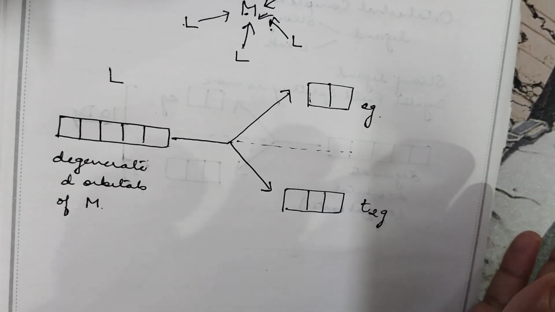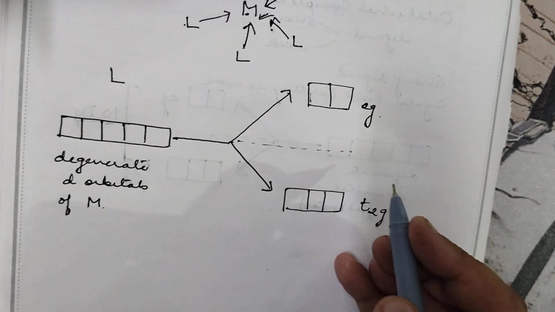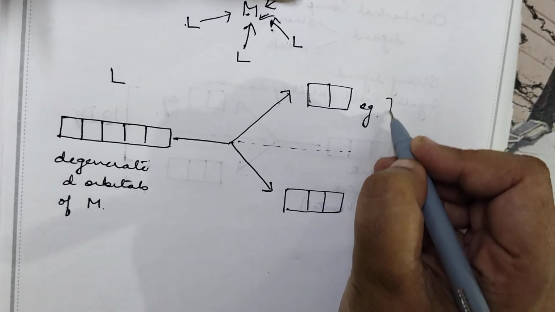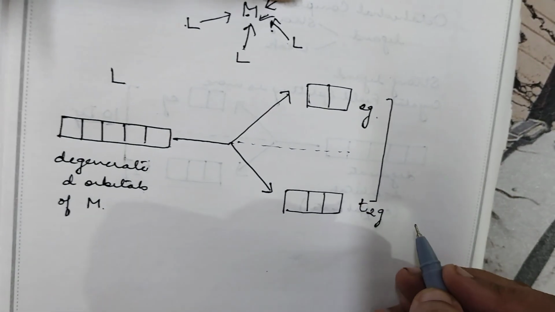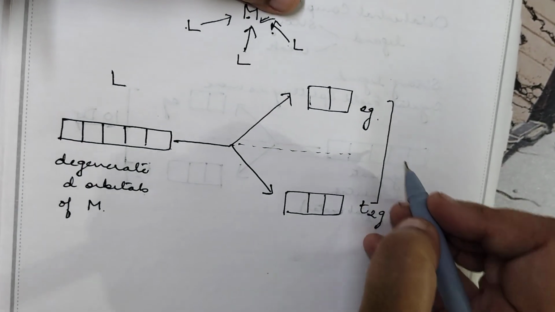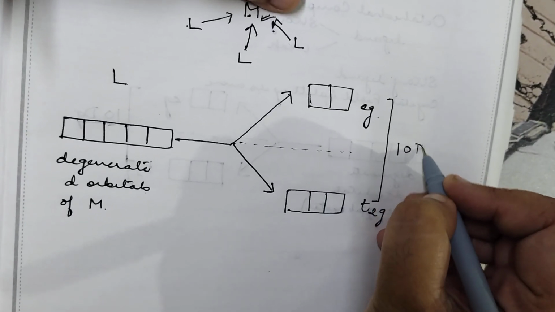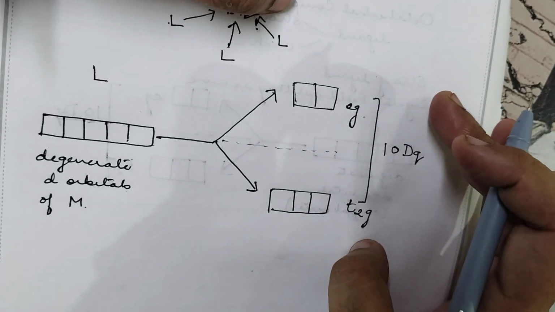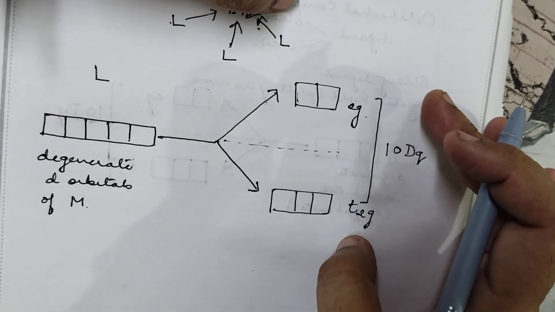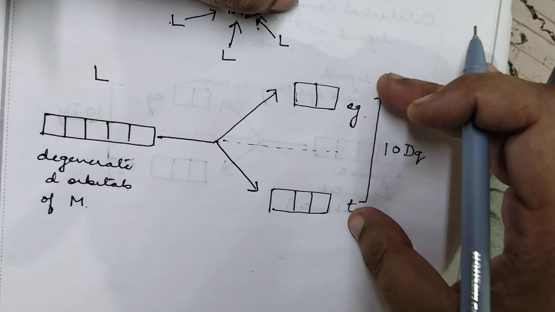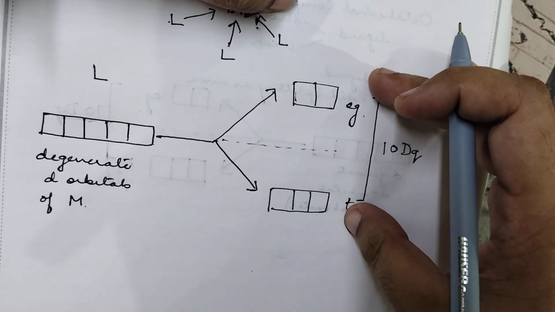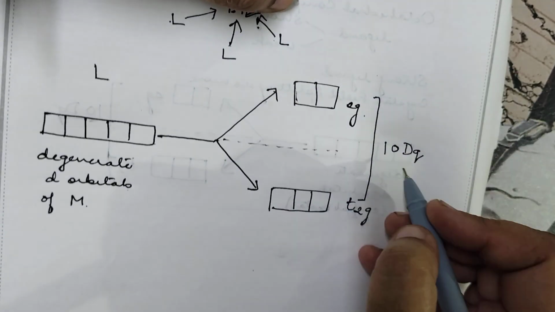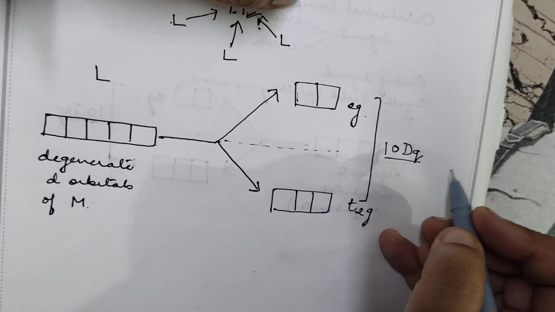Now, this energy gap between T2g and Eg is arbitrarily taken to be 10 Dq. 10 Dq is the arbitrary value taken by the scientists for explaining this T2g and Eg energy gap.